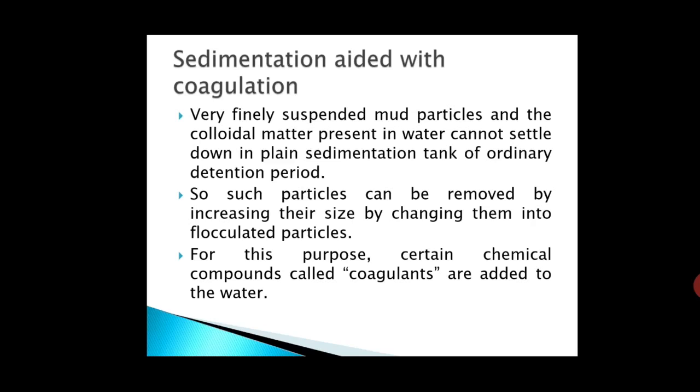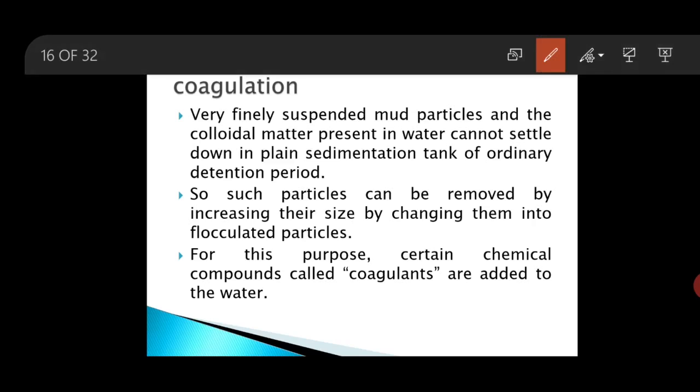These colloids are very fine particles of size 1 nanometer to 100 nanometer, and they carry electrostatic charges. So due to this electrical charge, no two colloidal particles will come together, but they repel each other.